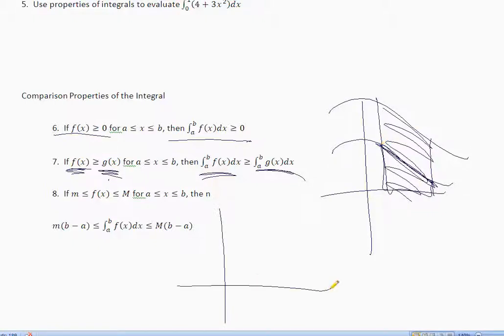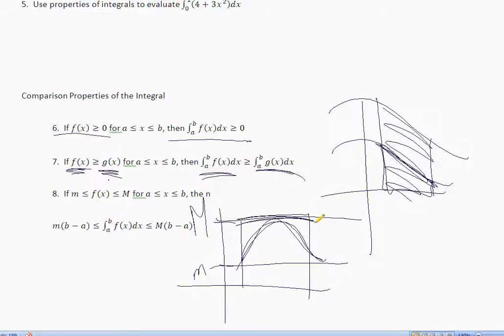So if here's big M and here's little m, and I have a function in between them, the area under the function is going to be in between the area under that line and the area under that line. Pretty simple. You're not going to use this that much. Okay, these are just obvious. The ones that we're really going to use are the ones above.